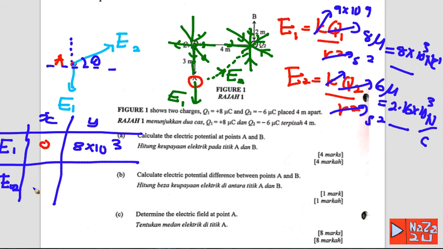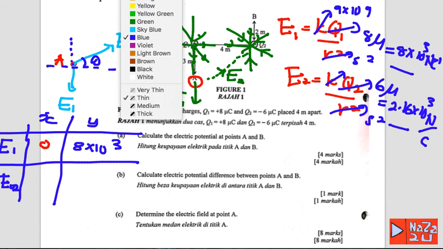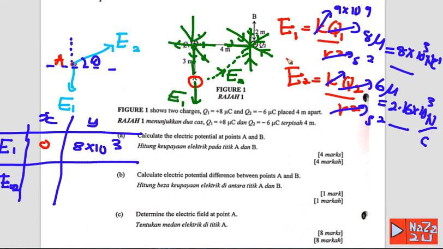For E2 here, you must resolve it to the x and to the y components. You can use the triangle here, right?